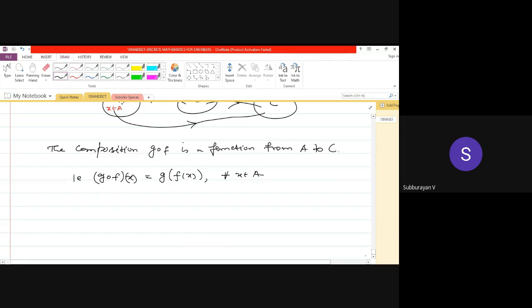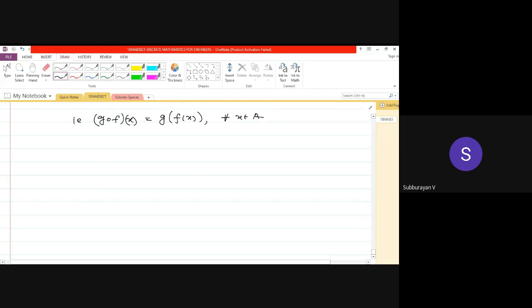There are some properties of composition. We'll see them one by one. Then if time permits, we'll discuss some problems. The first property: composition of functions is associative.